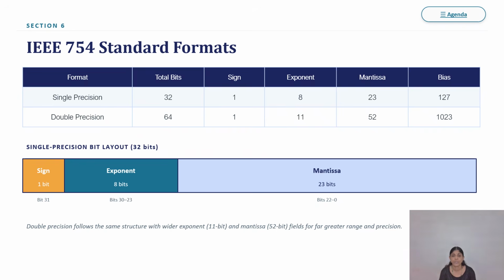Already you know sign is only one bit. Where is that bit available? In your MSB. That bit value may be 0, otherwise the value may be 1. If it is 0, it is a positive value; 1 is a negative value. So whether it is single precision or double precision, the sign bit is a 1 bit representation.